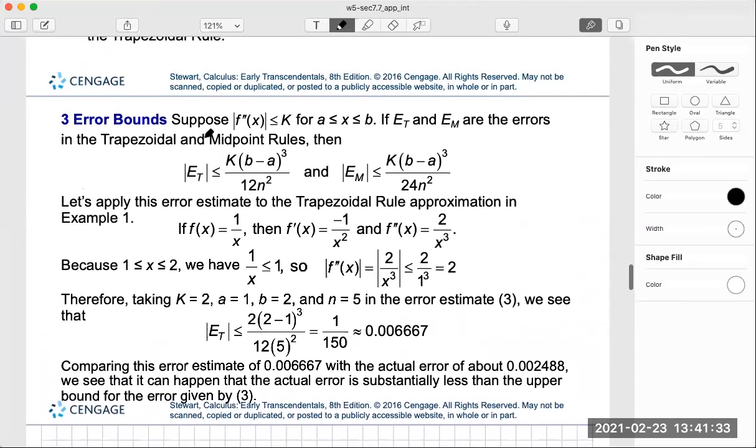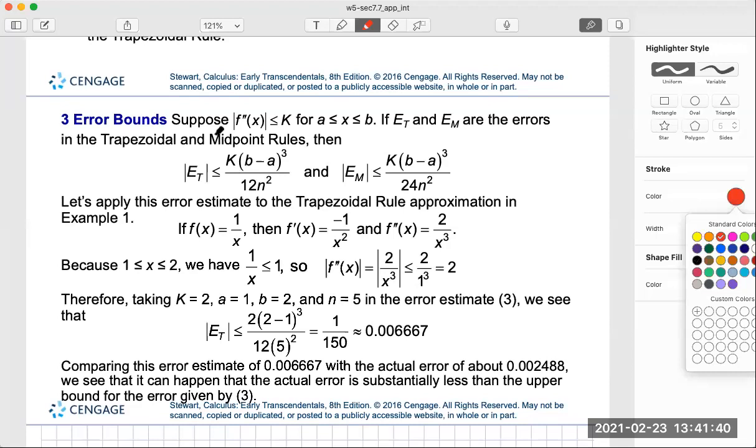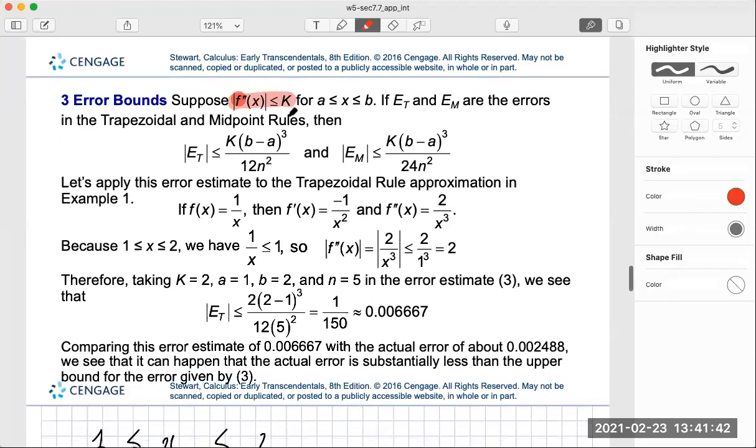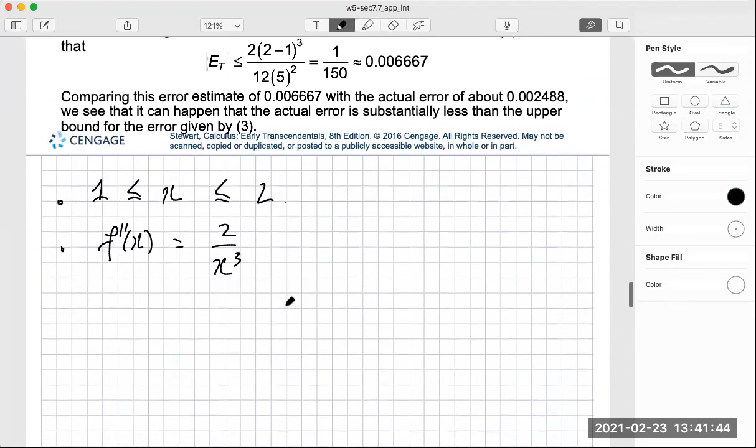In order to do error estimation, we need to know this number k, right? Now, look at this. It means x is larger than 1 and smaller than 2.